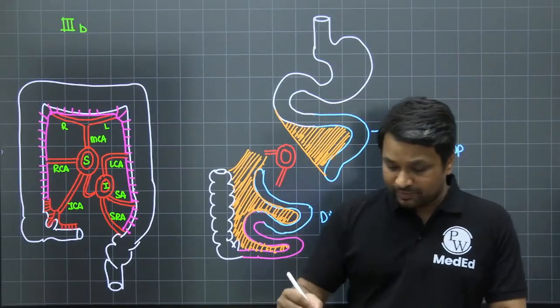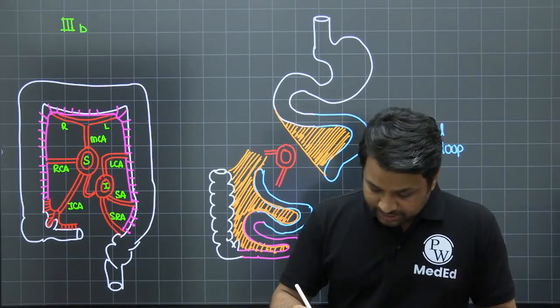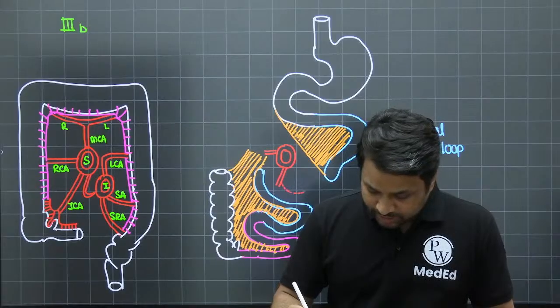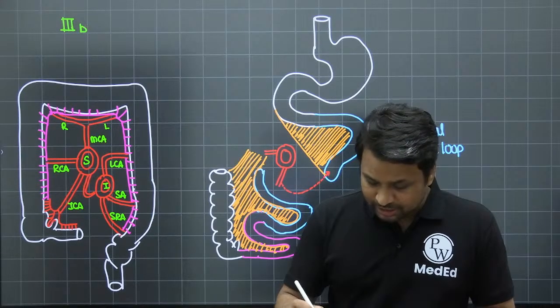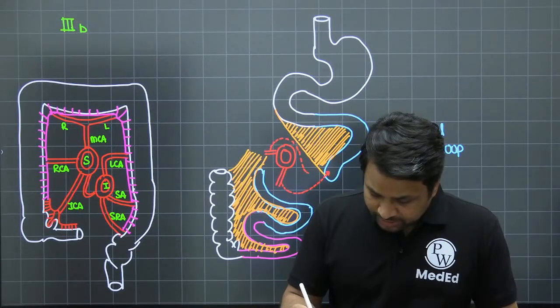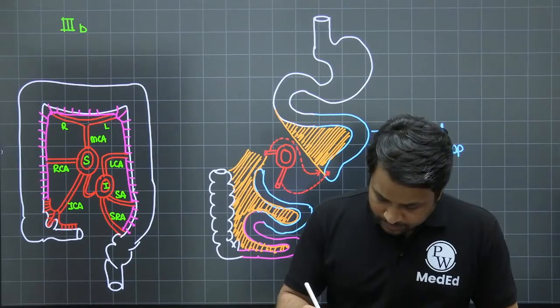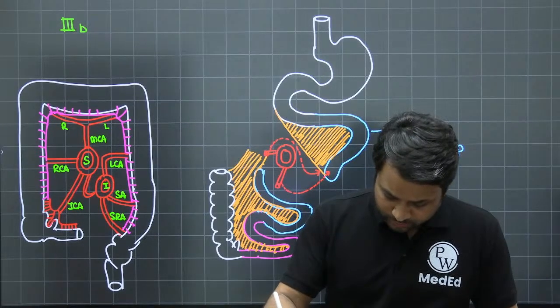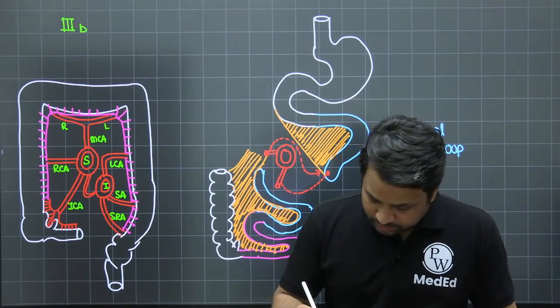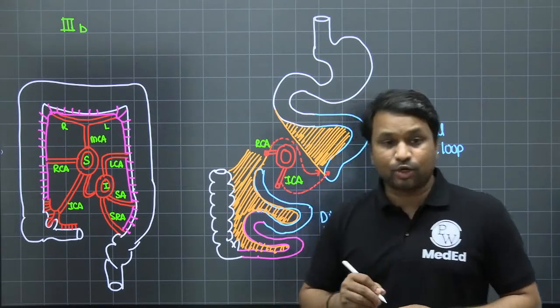In this variety of jejunal atresia, you will see that there will be a retrograde blood supply to this limb, coming either from the ileocolic artery or from the right colic artery in a retrograde fashion.